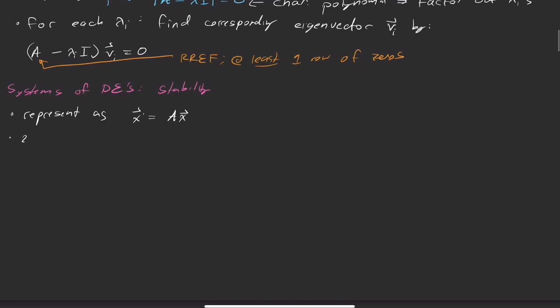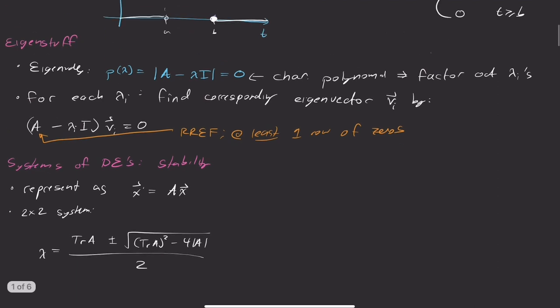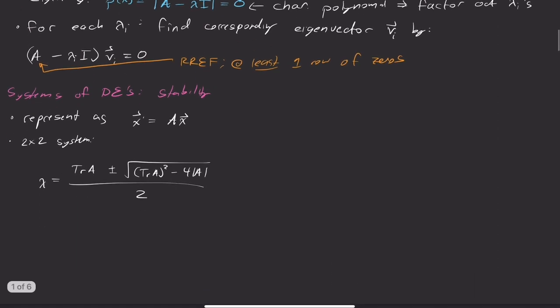For a 2x2 system, we have a nice formula for our eigenvalues, where lambda is equal to the trace of A plus or minus the square root of the trace of A squared minus 4 times the determinant of A, all over 2. You may recall this from the quadratic formula. It's just the factoring of the characteristic polynomial.